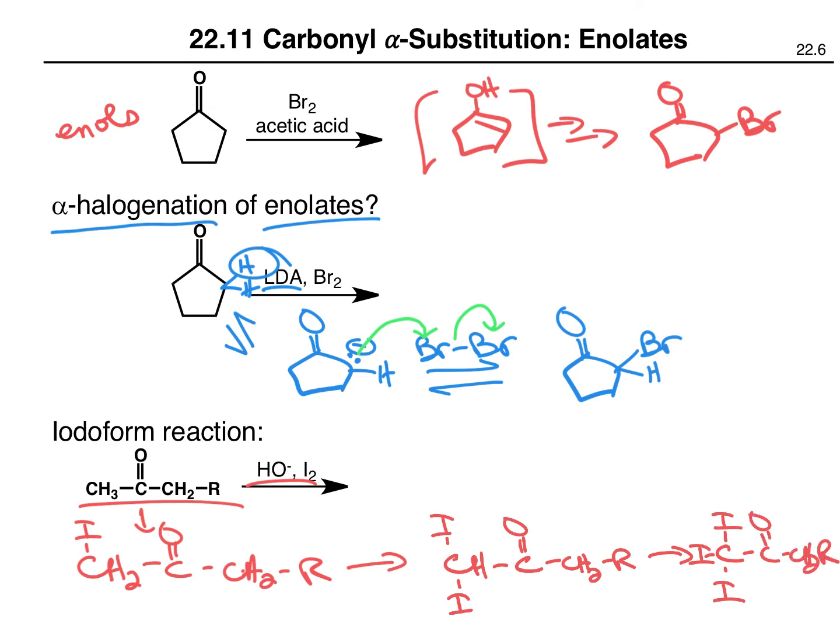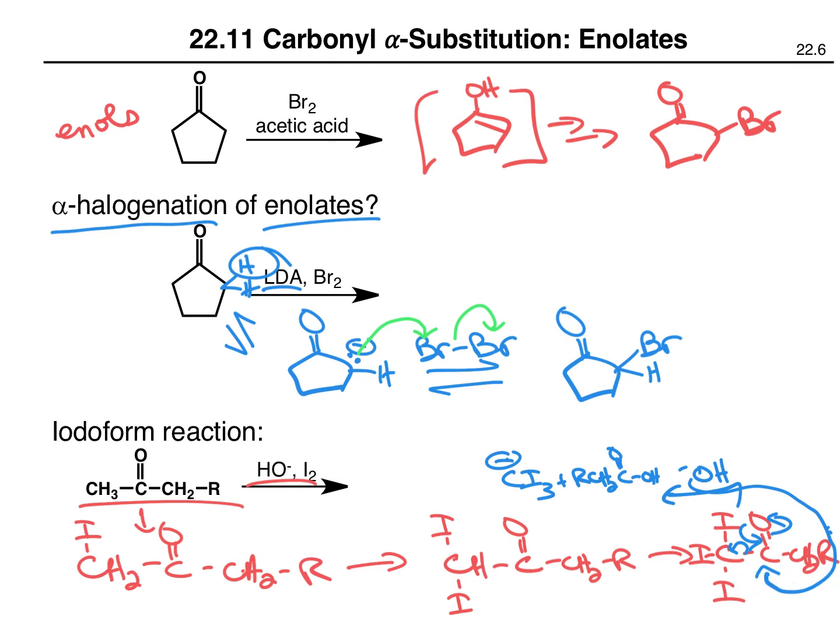Now, this one can undergo nucleophilic acyl substitution, where these electrons are going to add here. These electrons will come back down, and kick out the CI3. That will give us this plus our CH2 C double bond O OH from this side over here.